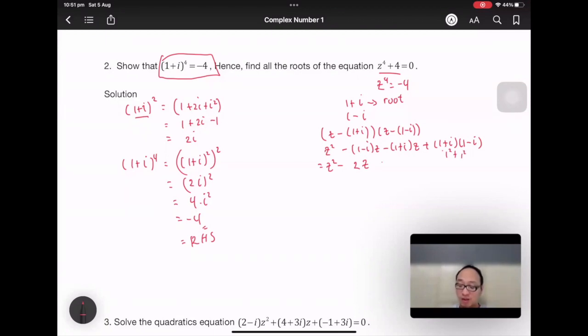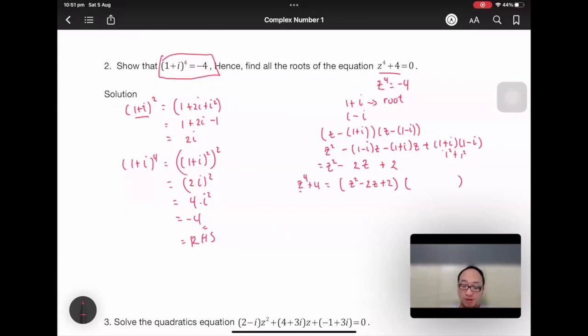So this is 2. So that means a factor of z^4 + 4 is z squared minus 2z plus 2, times another factor.